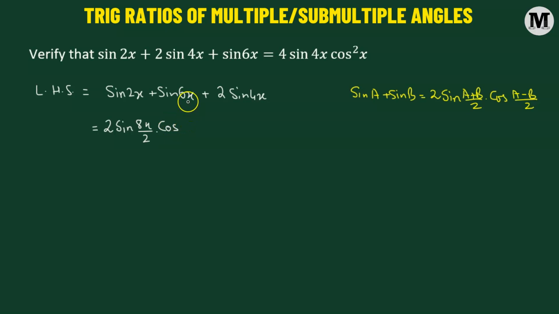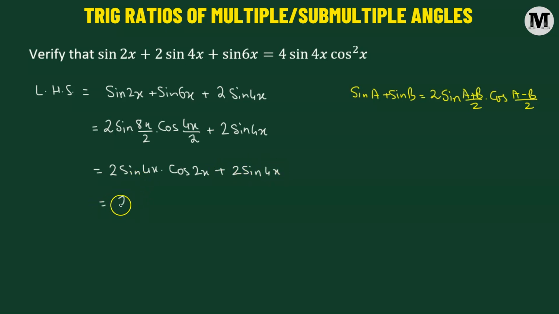So we have 6x minus 2x, so that's going to be 4x divided by 2, plus 2 times sine of 4x equals to 2 times sine of angle. So 8x over 2, that's going to be 4x, multiplied to cosine of 2x, plus 2 times sine of 4x.